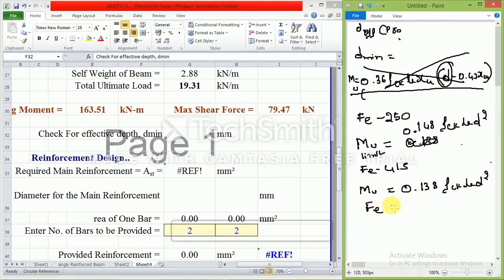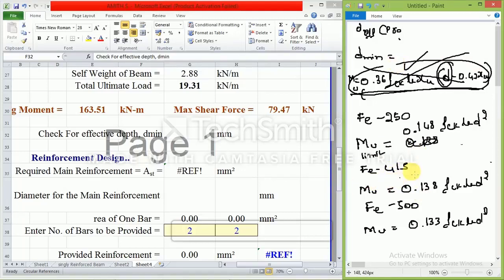For Fe500 steel, MU limit will be equal to 0.133 FCK BD square. You can follow the long formula, but it consumes lots of time because it is literally big. So just copy this formula, and according to our question they have given us Fe500 steel.